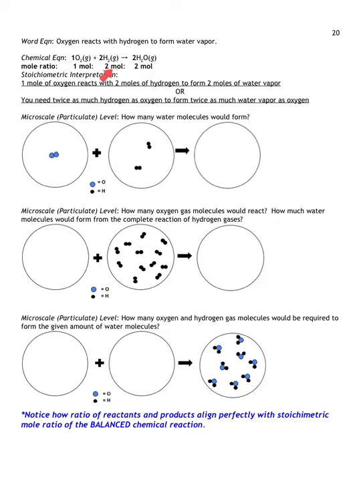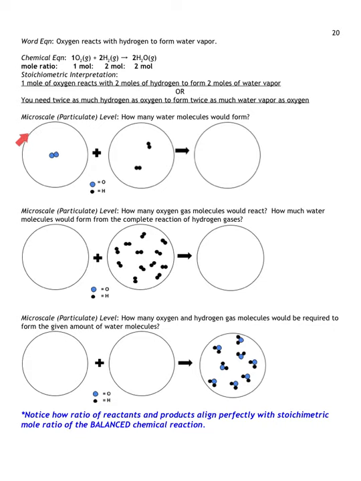This is a 1 to 2 to 2 ratio. So you can look at it and interpret it like this. You need twice as much hydrogen as you have oxygen to form twice as much water vapor. So there are 2 different levels of interpretation here.